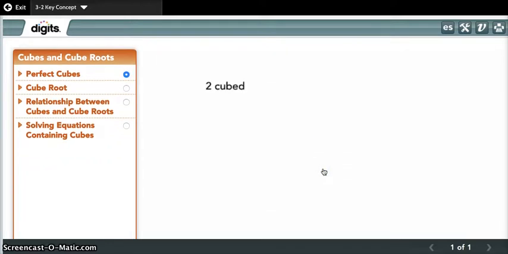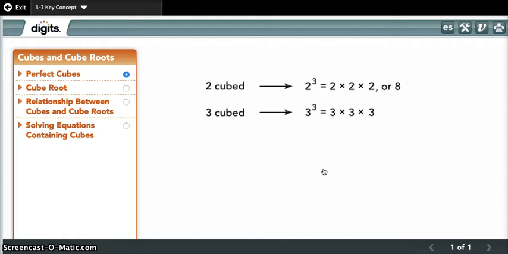2 cubed is the same as 2 to the third power. 2 to the third power is equal to 2 times 2 times 2, or 8. It's third power, so we do it 3 times. 3 cubed is the same as 3 to the third power. 3 to the third power is equal to 3 times 3 times 3, or 27. 4 cubed is the same as 4 to the third power. 4 to the third power is equal to 4 times 4 times 4, or 64.